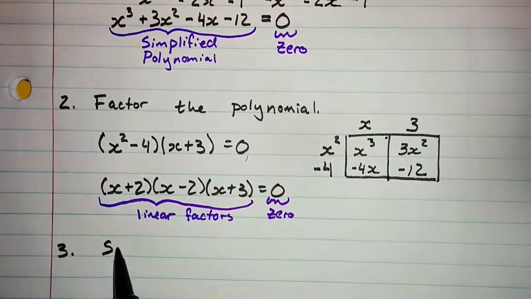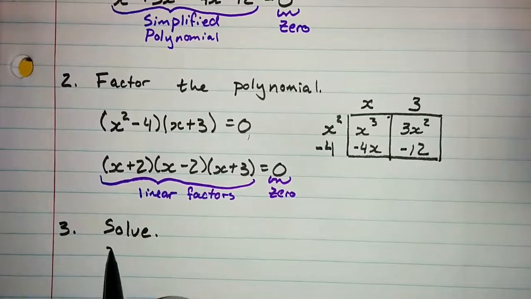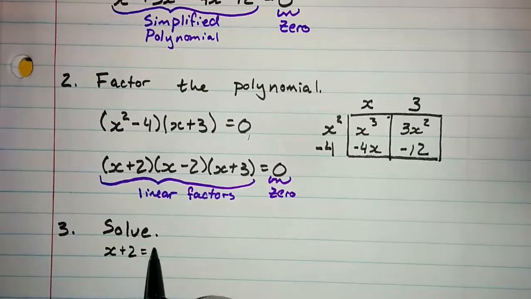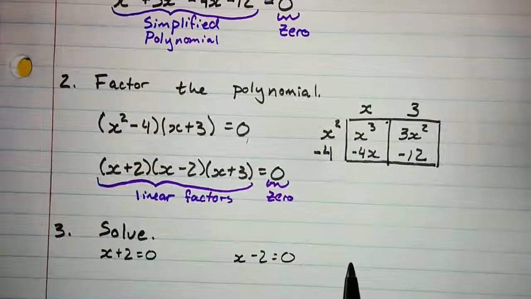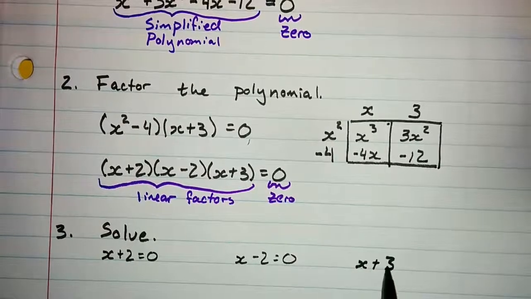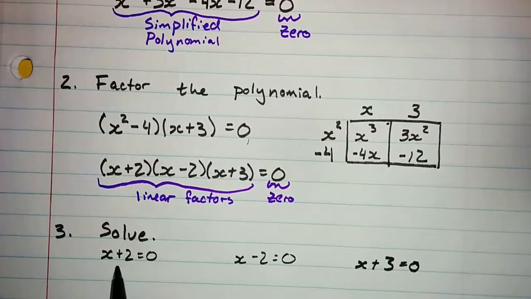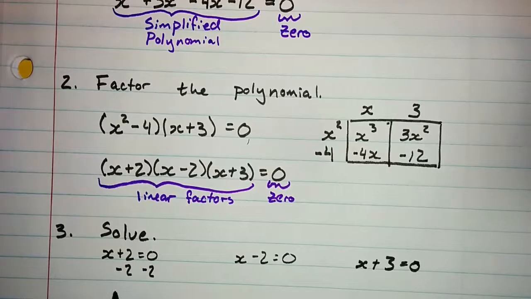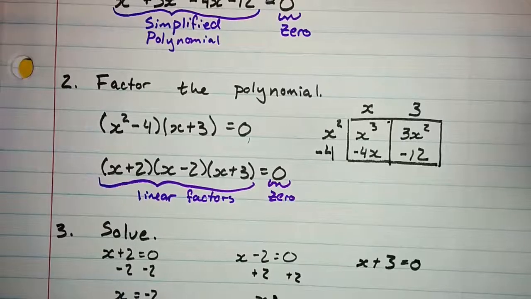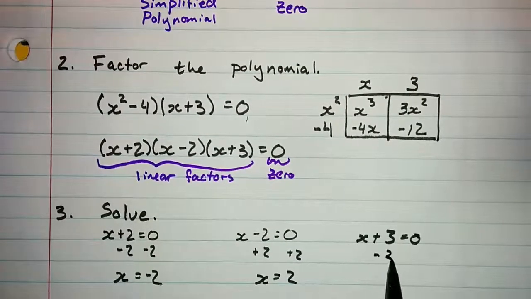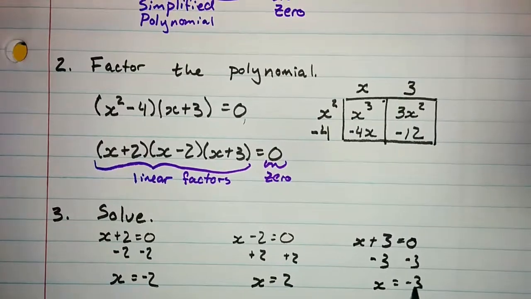And now I can solve by saying x plus 2 is 0, or x minus 2 is 0, or x plus 3 is 0. Subtracting 2, I get x is negative 2. Adding 2, I get x is positive 2. Subtracting 3, I get x is negative 3.